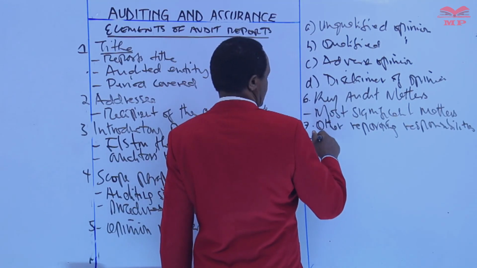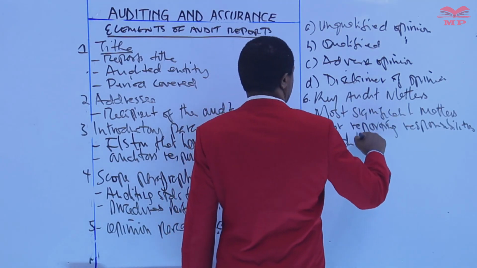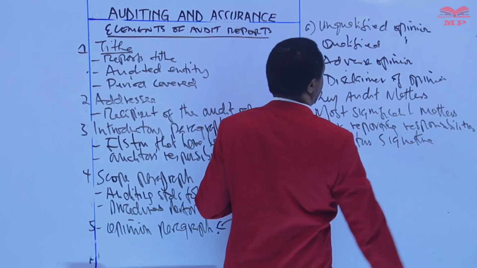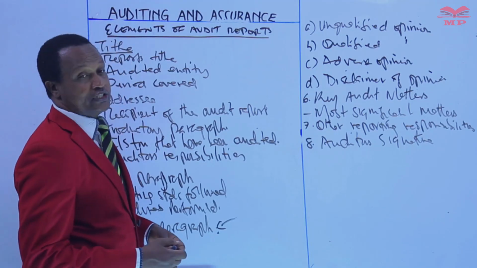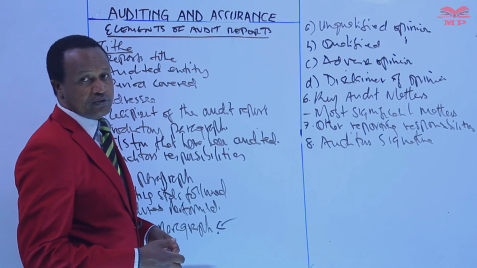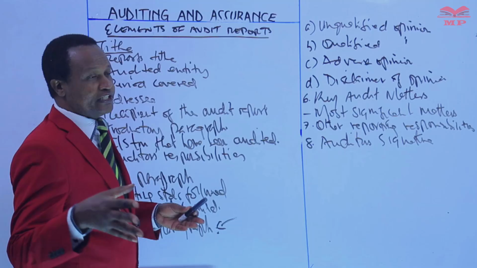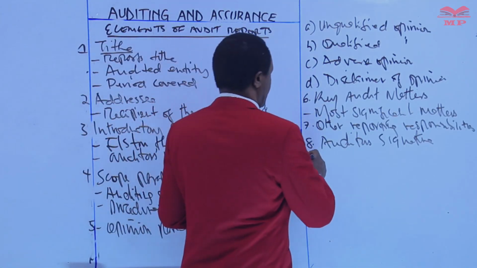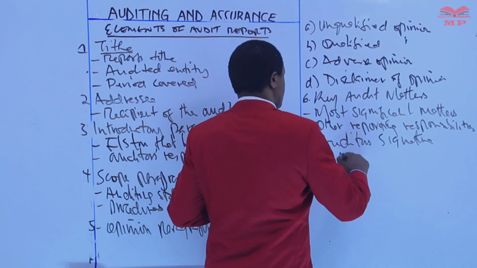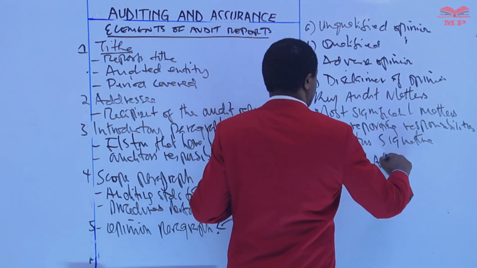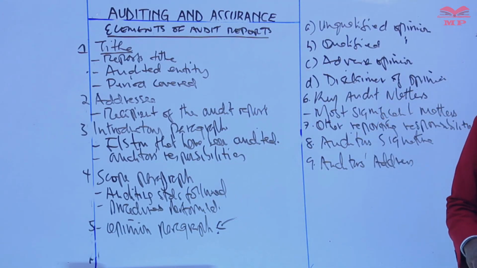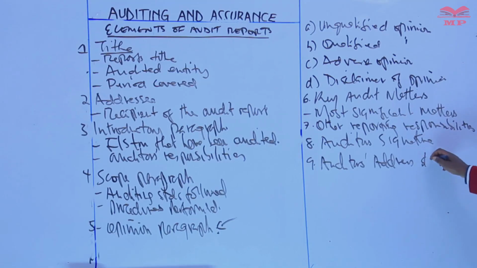Eight, you may have auditor's signature as part of the audit report. The signature of the engagement partner or the firm. 9, auditor's address must also be part of the auditor's report, and even the date of the audit report.